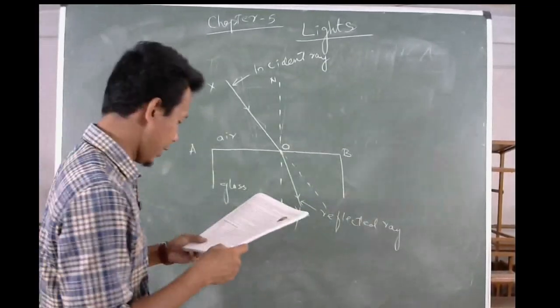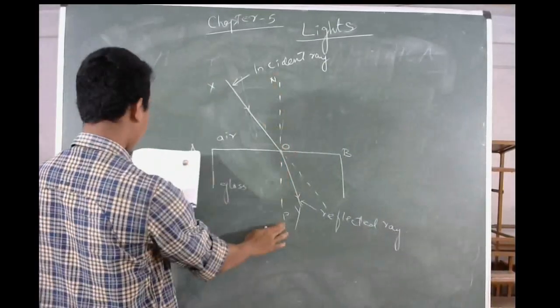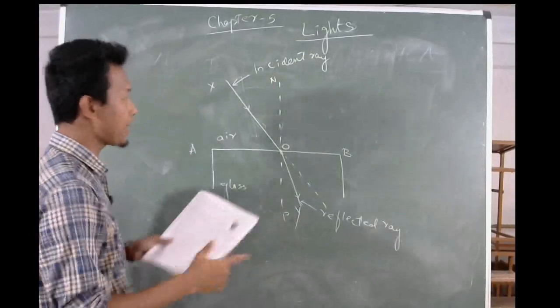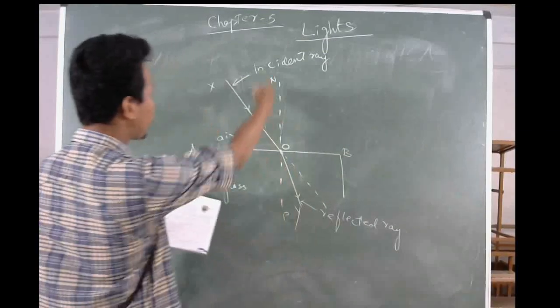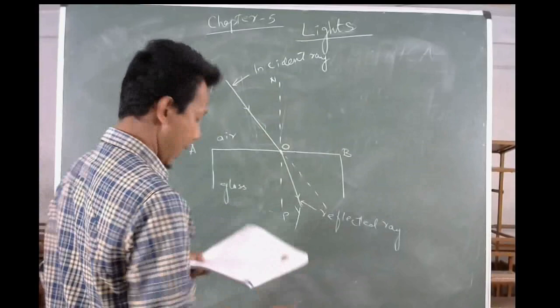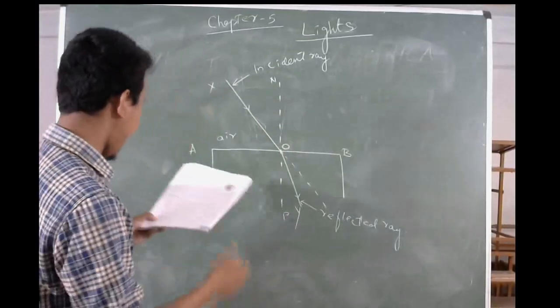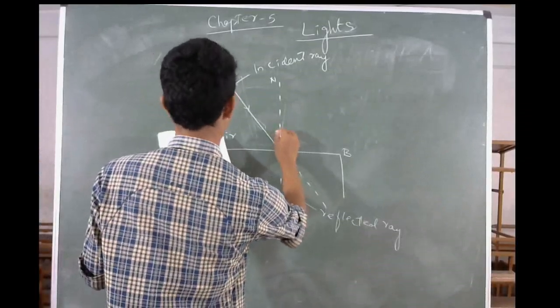We can see the line NP. This particular line NP is the perpendicular line drawn at the boundary between A and B. This imaginary line is known as the normal. The next point is the angle of incidence, denoted by i.